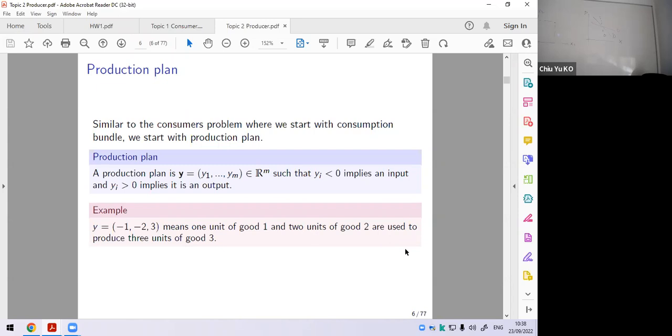Negative number means a negative input. So just consider a world that only has two things, good one and good two. Now instead of just focusing on the positive region, you think in this way. I'll follow the notation I have here.